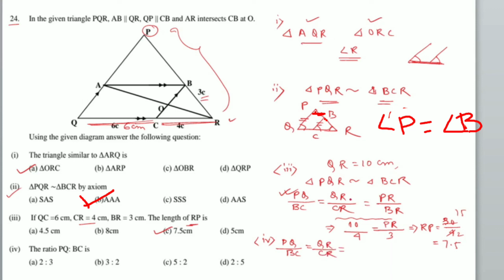QR by CR means 10 by 4 means 5 by 2. So from here we can write PQ is to BC is equal to 5:2. So option C is the right answer.